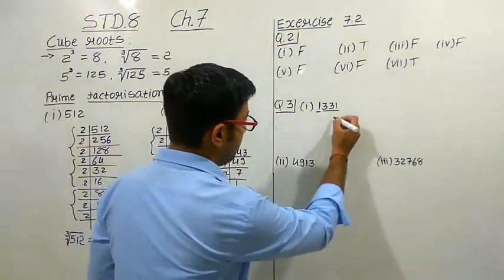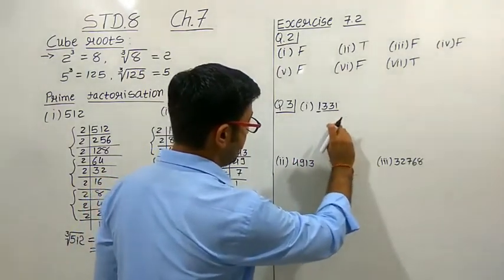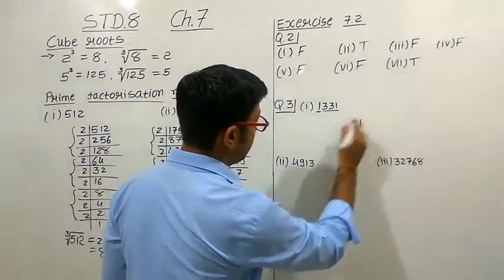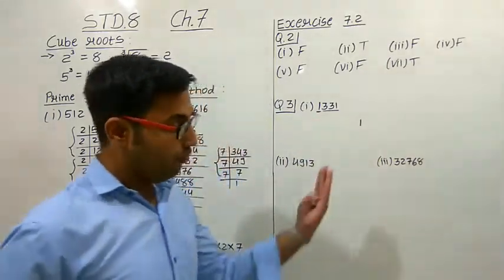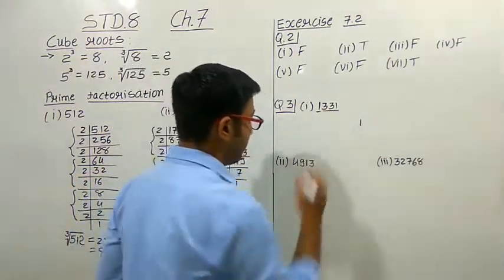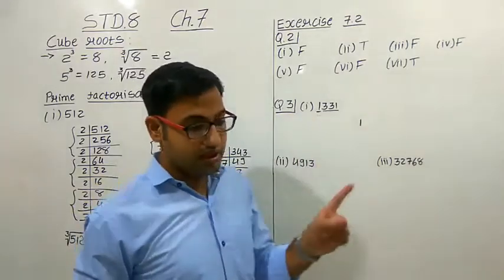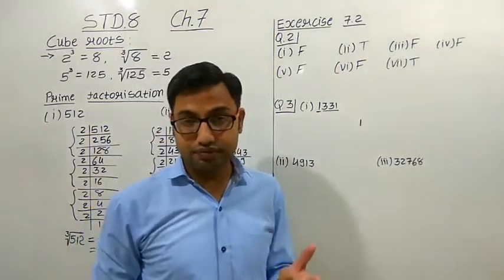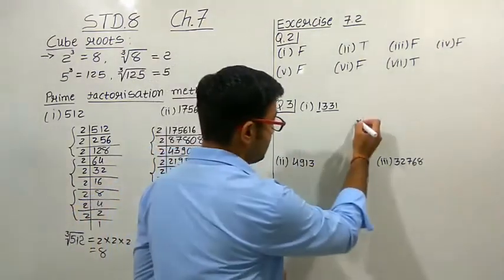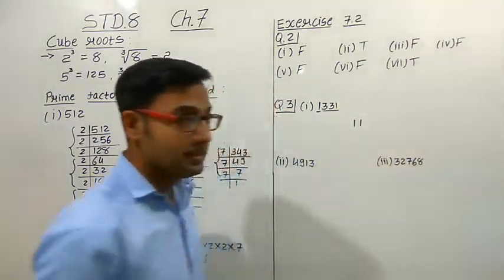So we get 1 as the unit place digit of the cube root of this number. Now what will be the tens place digit? Here we have 1. Now we have to think, 1 is the cube of what digit? 1. So the tens place digit is also 1. So the digits we get here are 11.